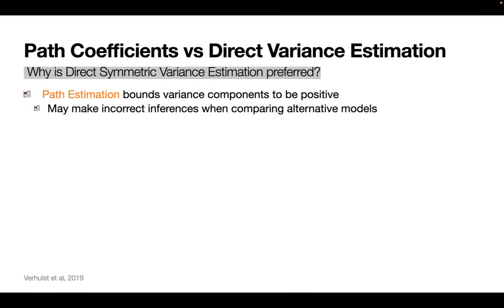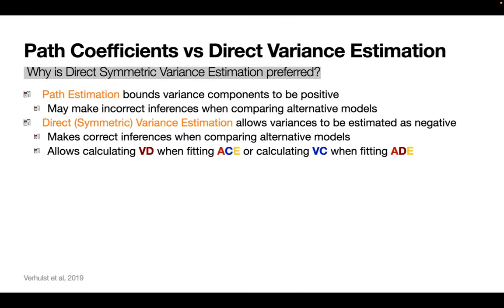However, it may make incorrect inferences when comparing alternative models. So instead, we now recommend that one uses the direct symmetric variance estimation, which allows the variance components to be negative, but then as a result makes more correct inferences when comparing alternative models.